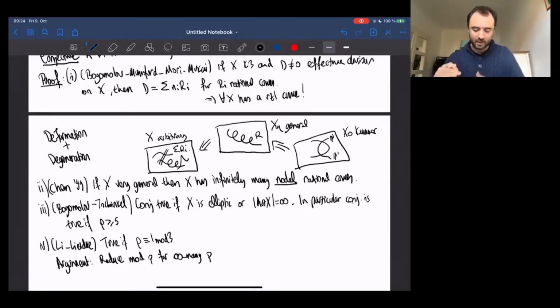So you basically start with your K3 over the complex numbers. You can reduce to the case where it's defined over a number field, and then you spread it out over the ring of integers of that number field, and then you look at infinitely many reductions of your K3.